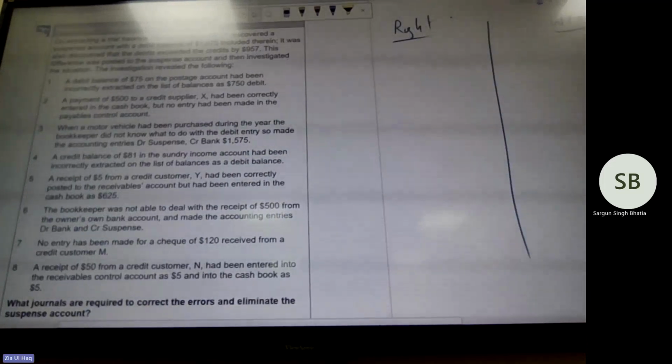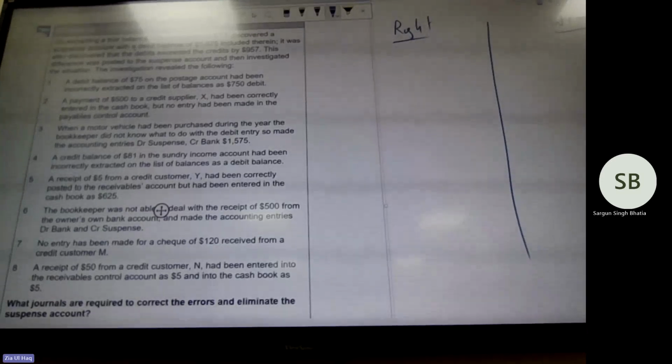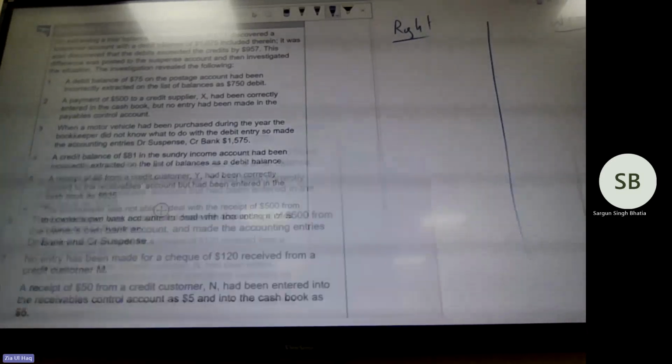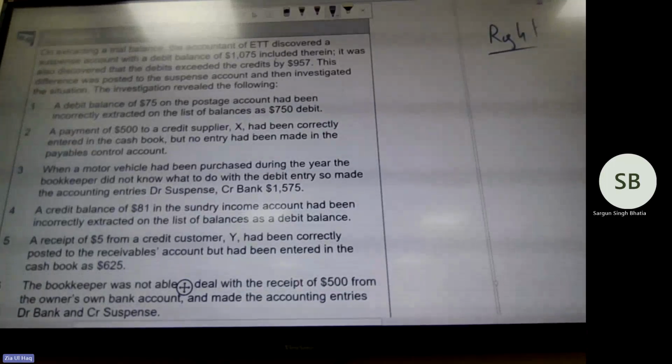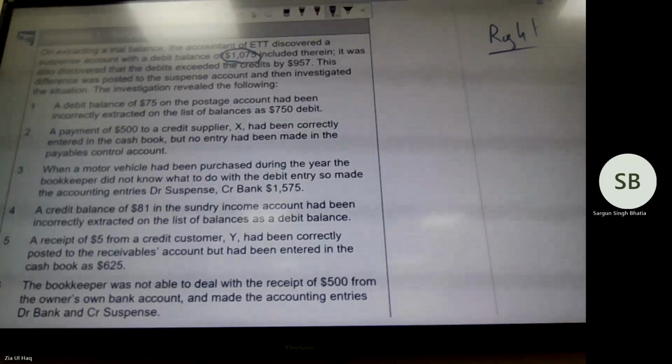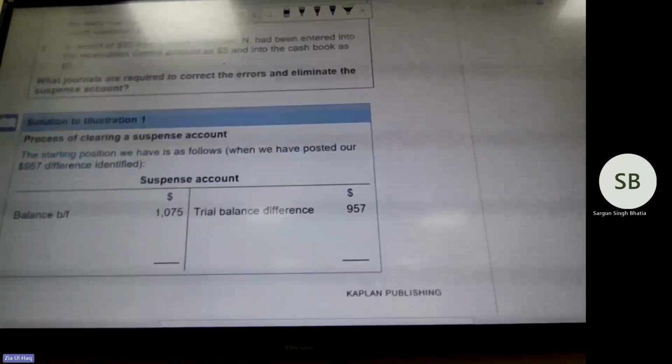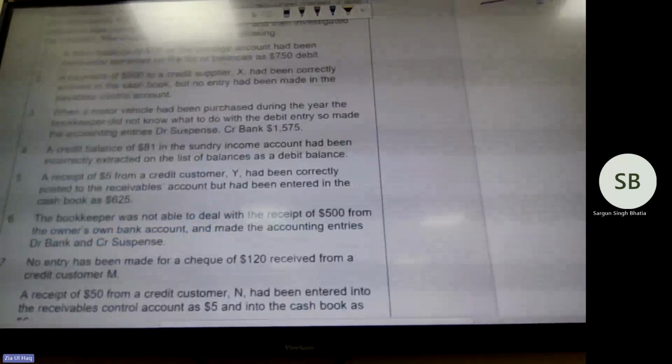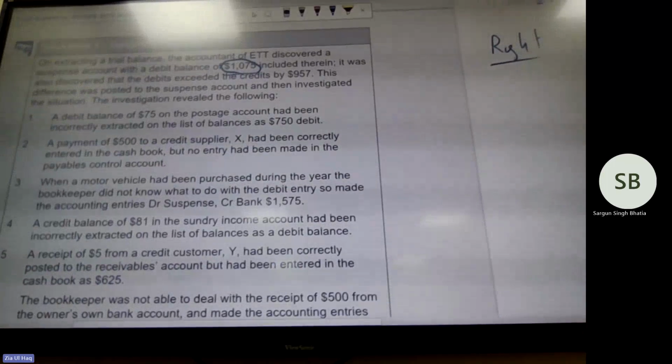On extracting a trial balance, meanwhile preparing the trial balance, the accountant discovered a suspense account with a debit balance of 1075. In trial balance, we found a debit balance of suspense account 1075. We will prepare the suspense account after making the corrected entries.